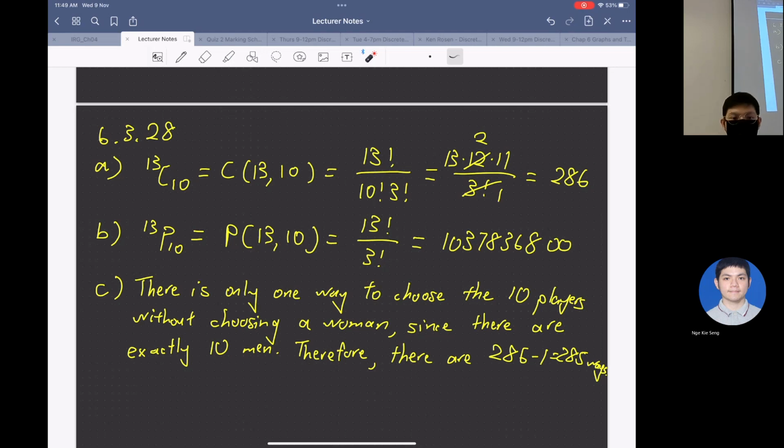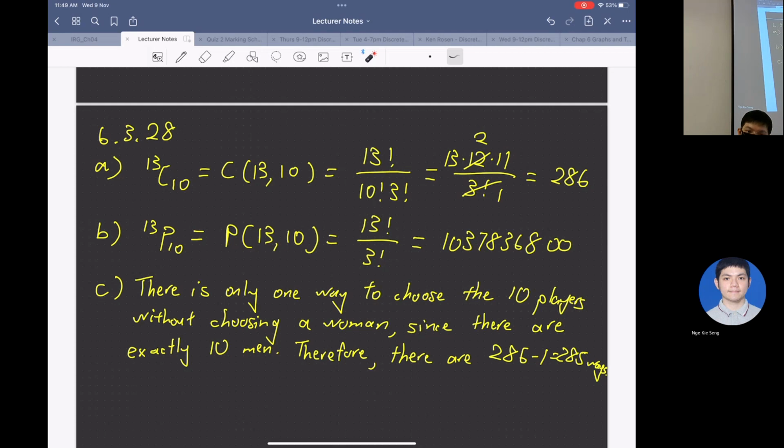Okay, C is a bit different. Of the 13 people who show up, 3 are women. How many ways are there to choose 10 players to take the field if at least one of these players must be a woman? Actually, we can use part A. If you pick 10 people, at least one has to be a woman.